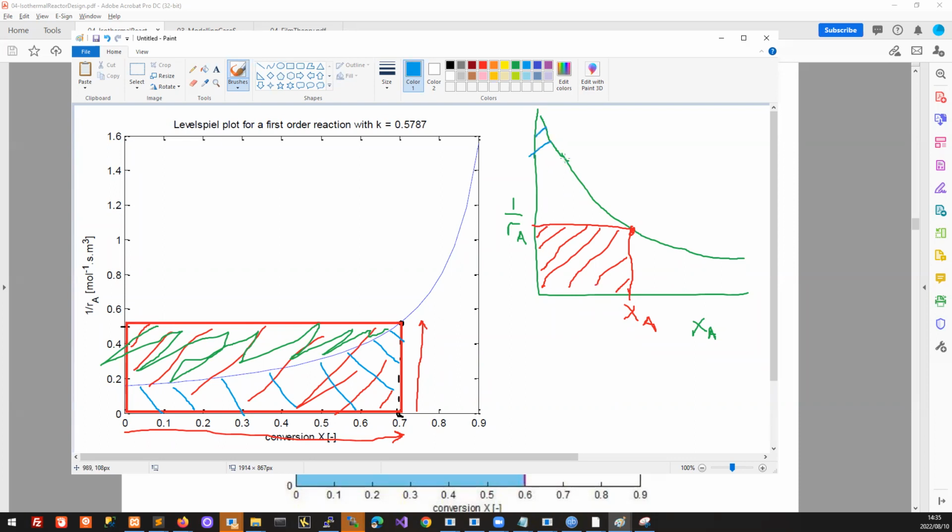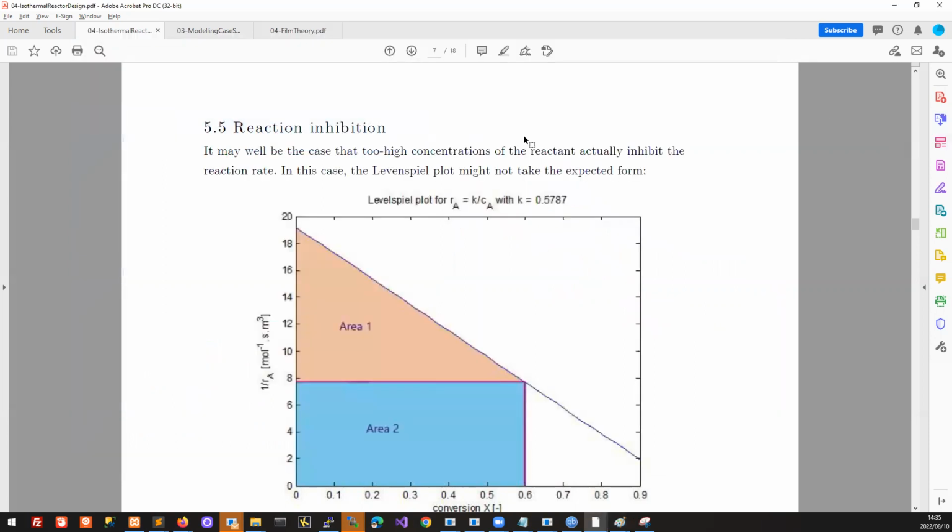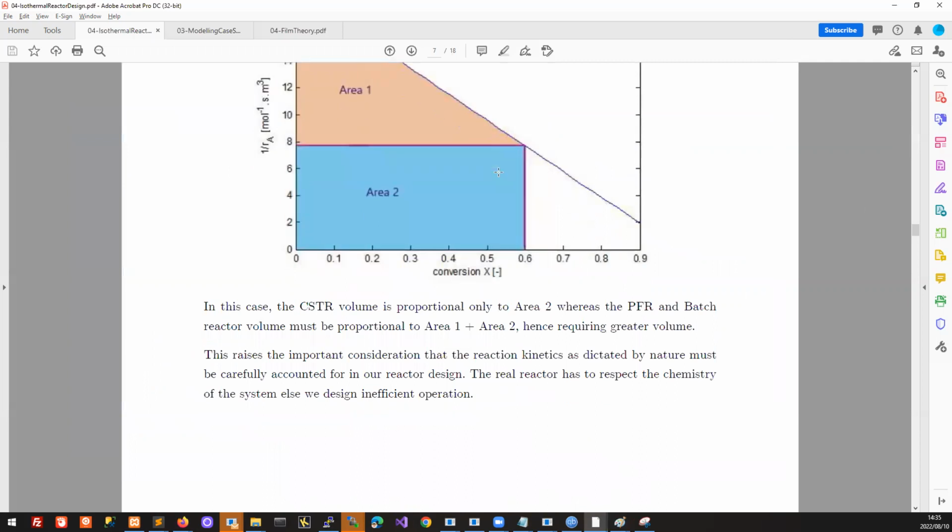So in their case, they will have an additional volume requirement, which is the part up here. So in the inhibition case, the high concentration causes your reaction rate to suffer, and you need more volume to achieve the same conversion, right? So there are these other cases. Nature can throw you this kind of curveball. Right, so that's something that can happen.